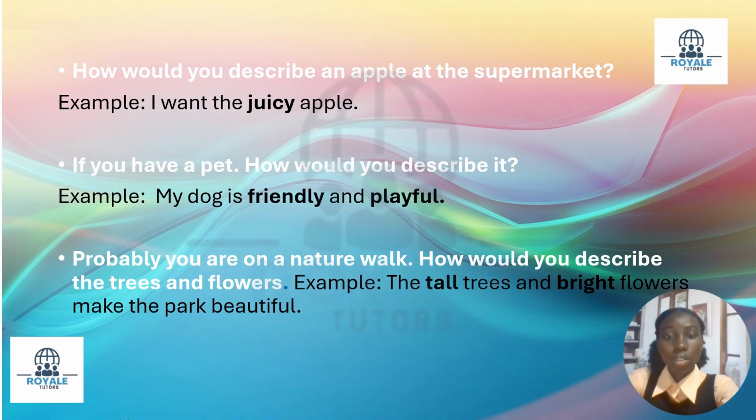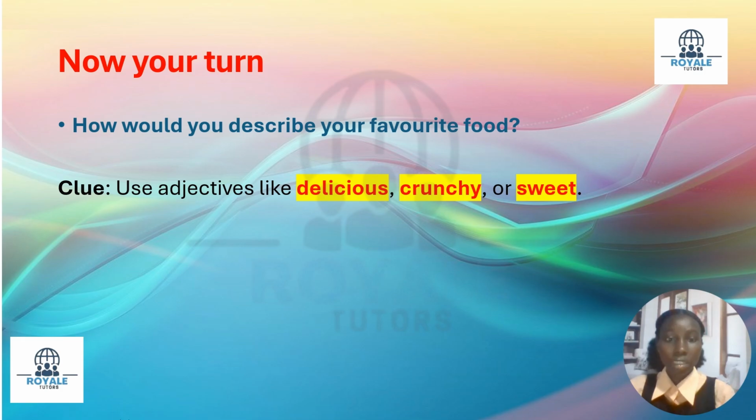You can also say, oh, these flowers are bright. So you can also use bright as an adjective, aside from vibrant and colorful, to describe the nouns. So now on the nature walk, you can use a sentence like the tall trees and bright flowers make the park beautiful.